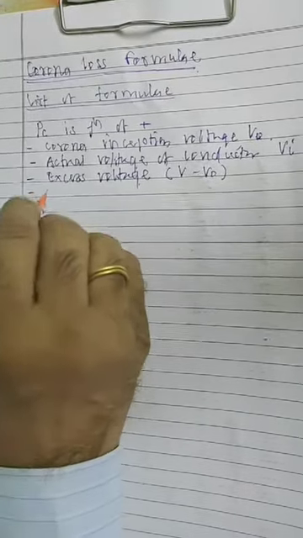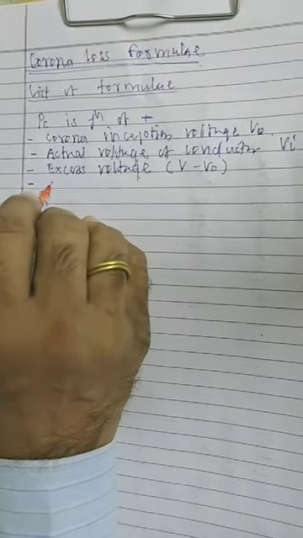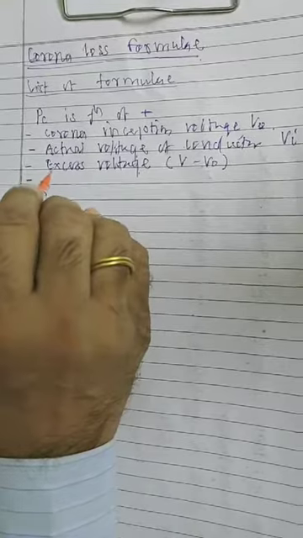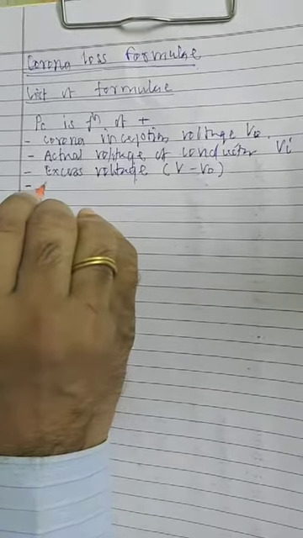Then fourth is the conductor surface voltage gradient.